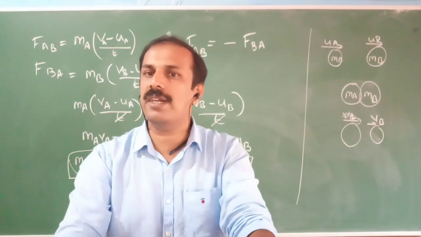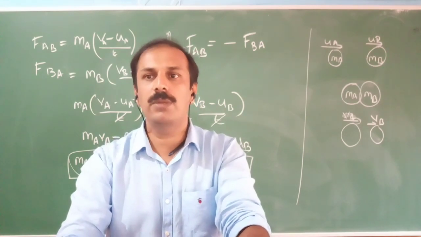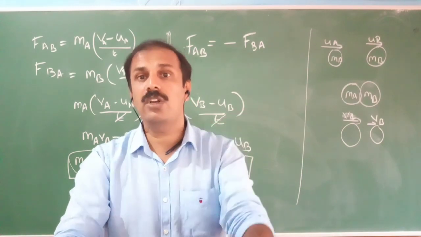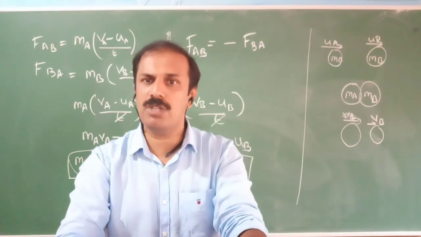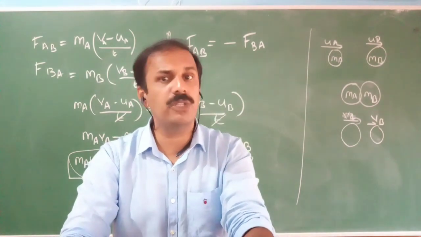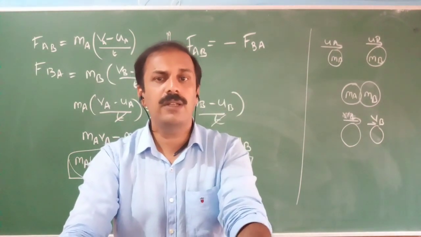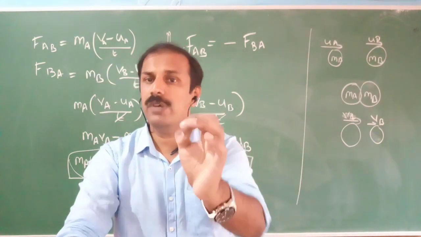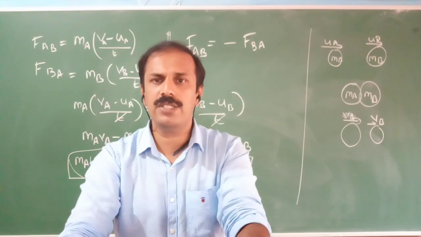Then before going to the second law, we discussed momentum. Momentum is the product of mass and velocity. Then we discussed the statement of the second law of motion. From the second law we derived F equals ma, and there we defined 1 Newton.